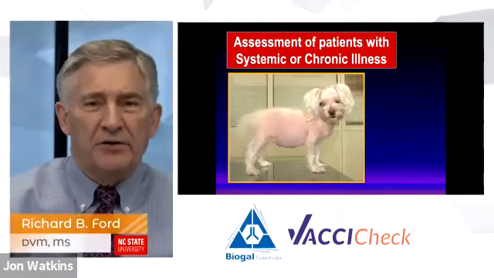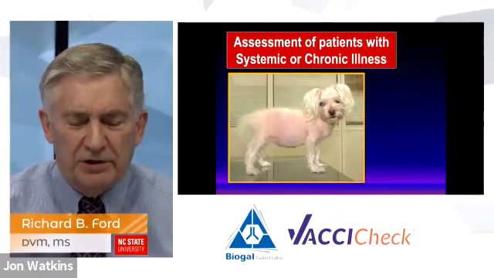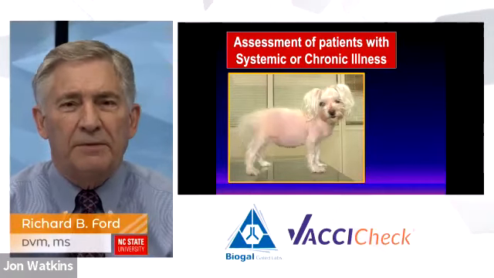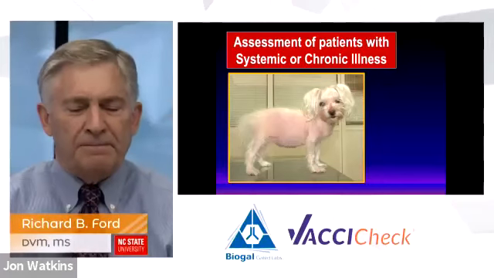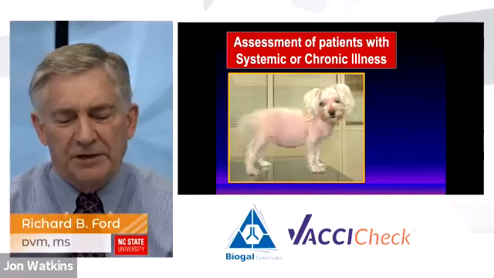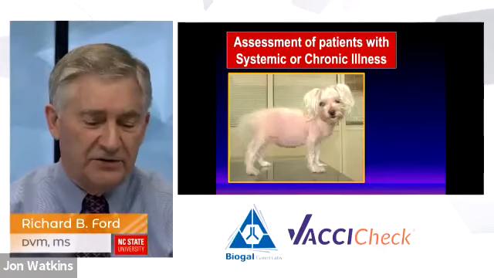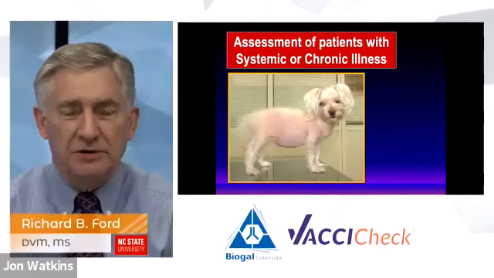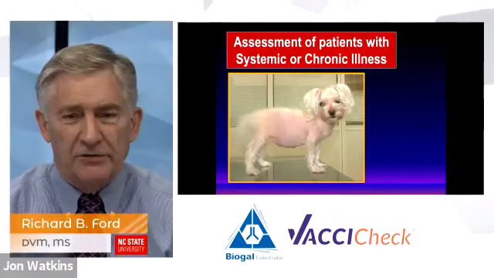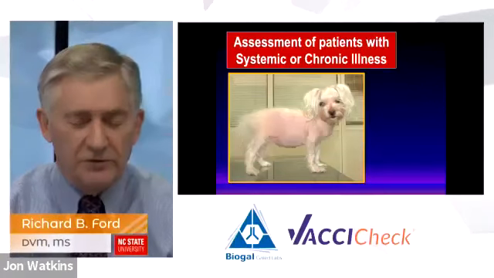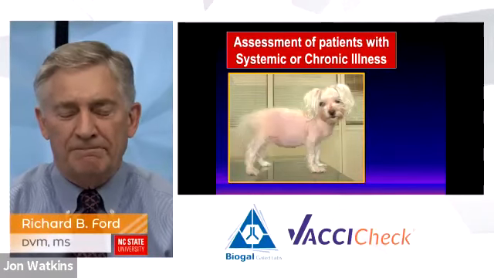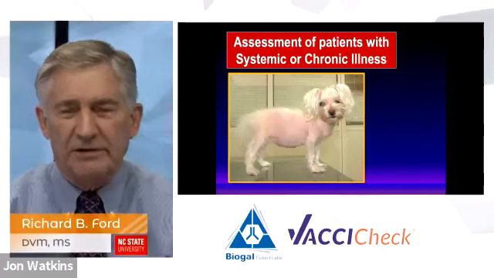Now, here's another, I think, very important criteria for antibody testing in practice. Here we are dealing with a patient with a chronic systemic illness. In this case, this is obviously a cushingoid dog. You could do this with chronic renal failure. You could do this with a patient that has cancer.